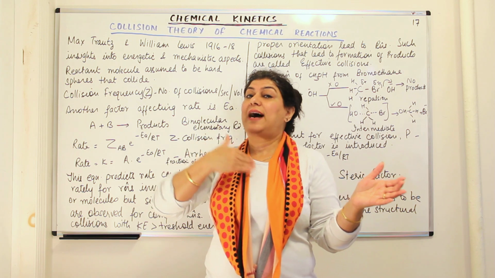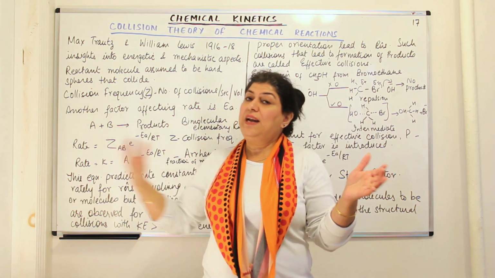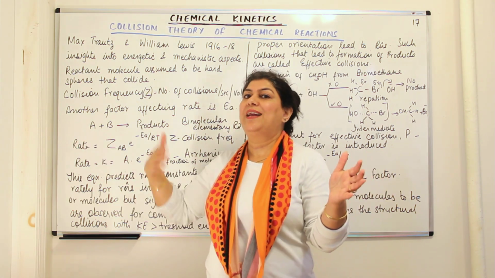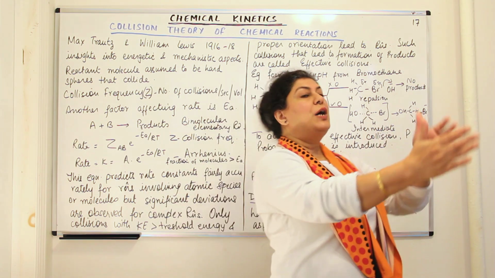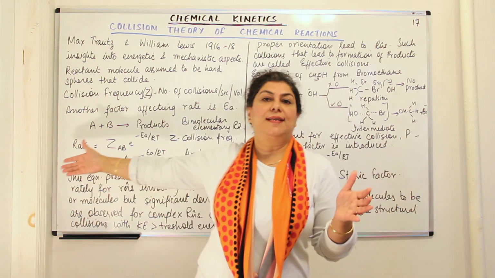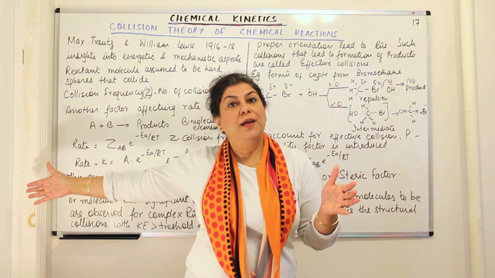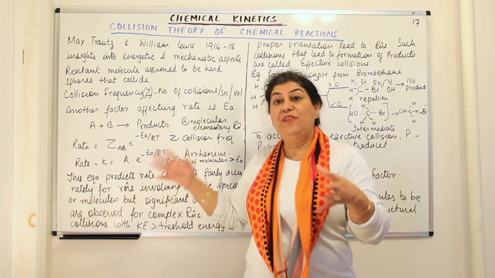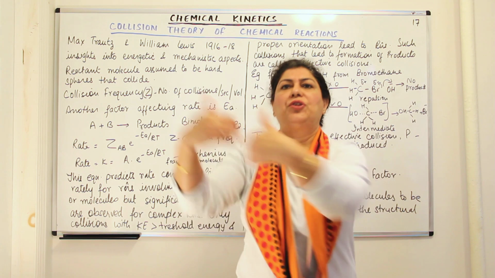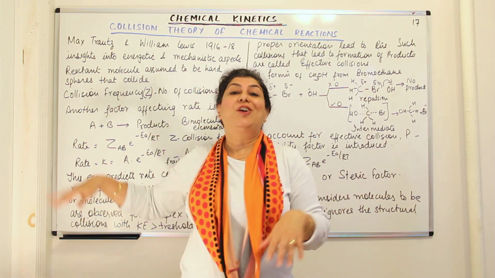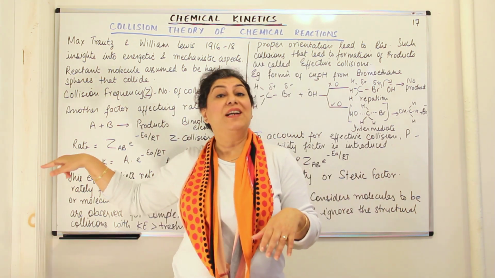The idea is that I become your friend. Will I know you unless and until I talk to you? If I keep talking to the other 3, there is nothing that is happening between you and me. That is what happens with collision frequency. I am colliding with 3 other molecules, but I'm not colliding with the one that I have to react with.